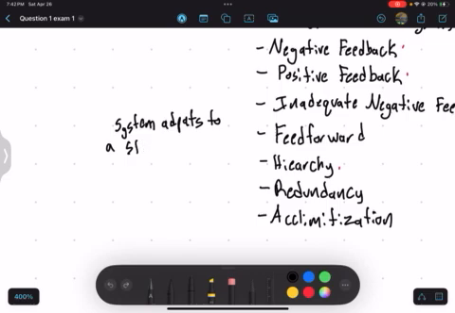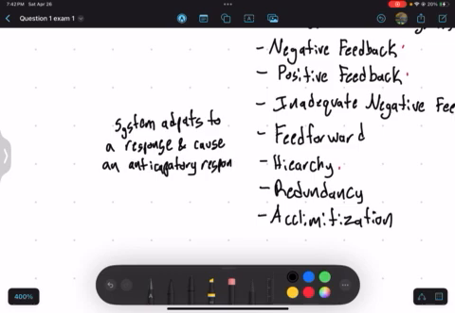Well, it's not even the stimulus at that point, it adapts to a response and causes an anticipatory response before the stimulus hits the system.